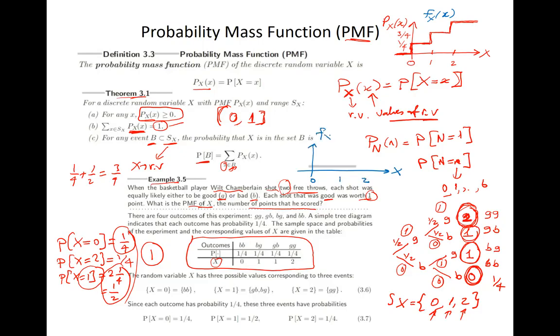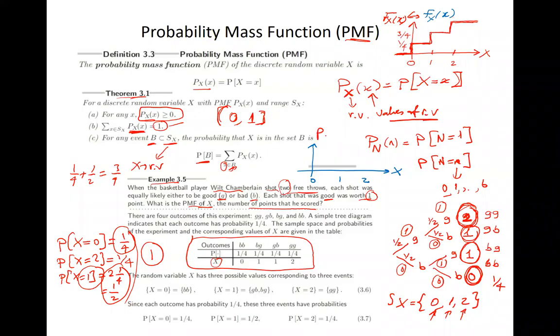So Fx of x. This is not correct. Let me erase it. So this is Fx of x, the CDF, okay? Or sometimes we use Fx of x.